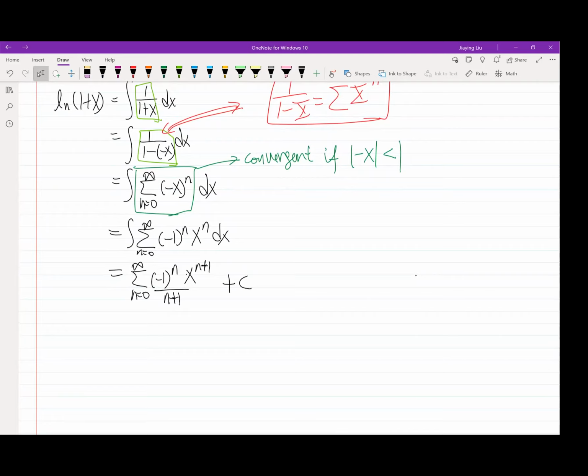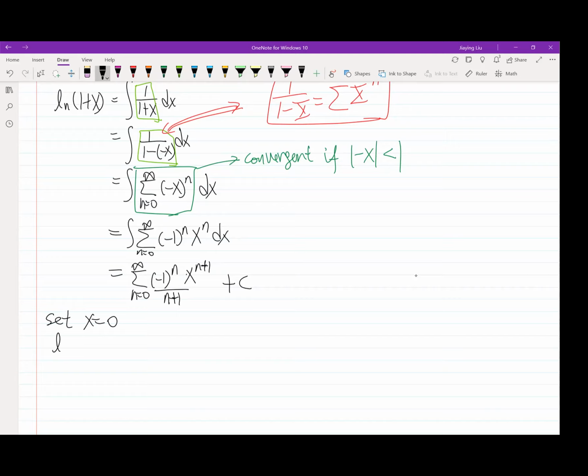So the next part is to find what the c is. Well, to find c, we can just set some x value and then set both sides of the equation equal. So the left side, we have natural log of 1 plus x. The right side, we have this series plus c. So we can set x equals 0.